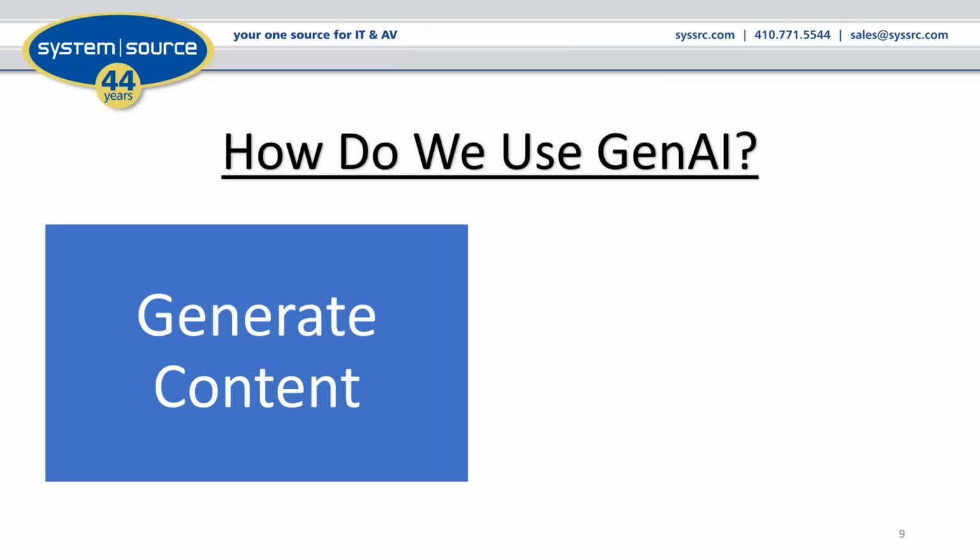And you'll see that when we jump into ChatGPT in a second here. When we ask it to make something, it is more than likely the first and only time that that content has ever been generated that exact same way, which means we can use it for things like writing emails, creating blog posts, writing policy documents.